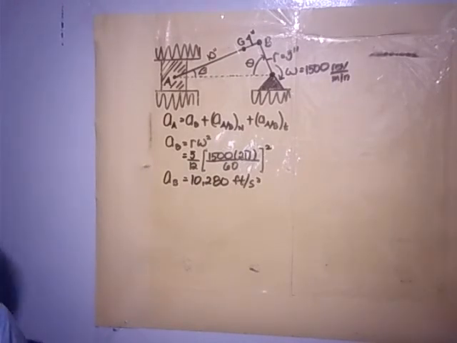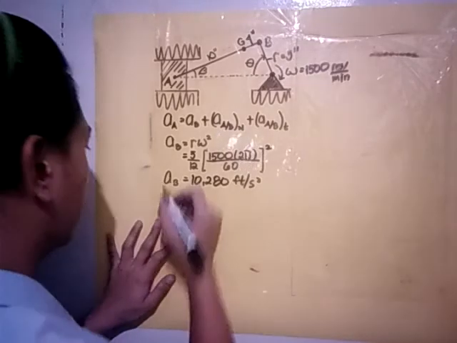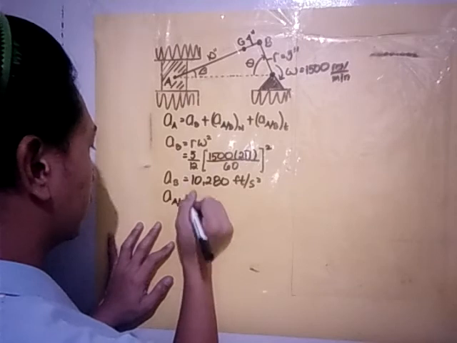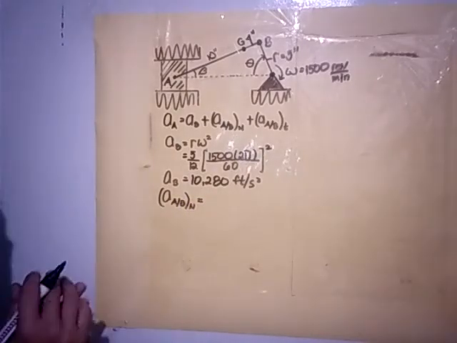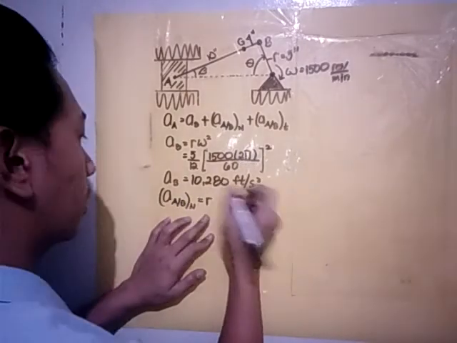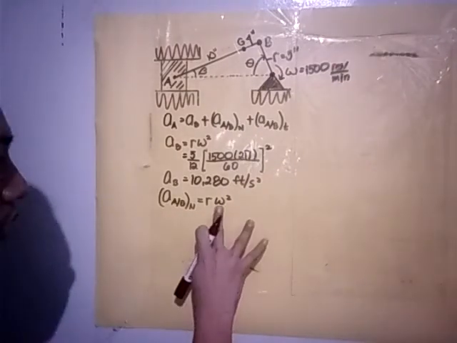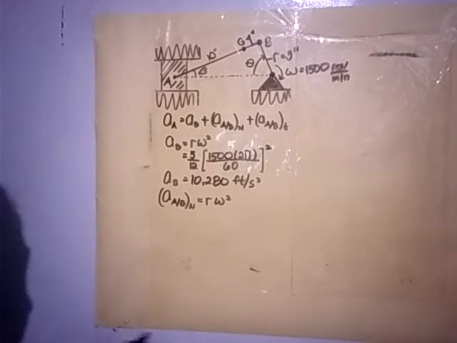Next, we'll calculate the acceleration of A to B relative normal, which is also radius times angular velocity squared.